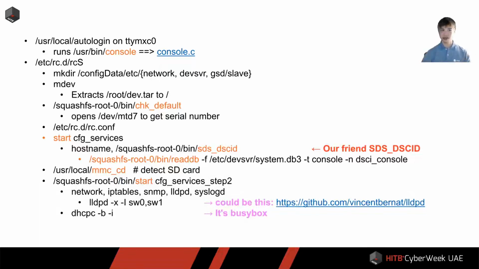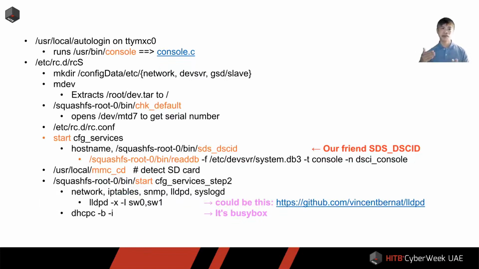So that's not what we want to do. Next, there's rcS, which is basically making the configuration directory, extracting default settings, mounting the user configuration partition, getting a serial number, starting configuration services, and then running the SDSCID, our good old friend.